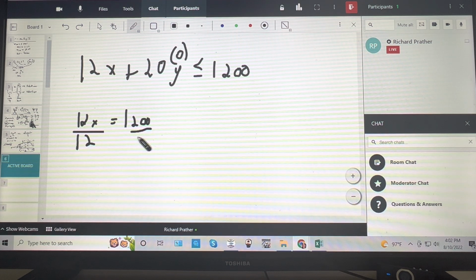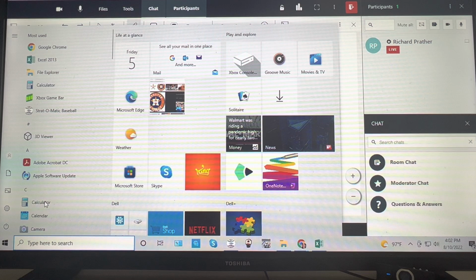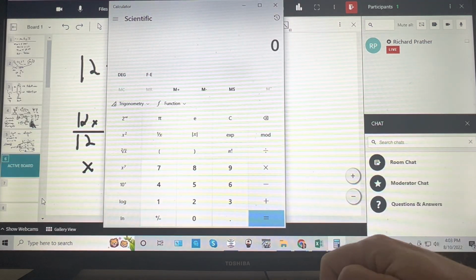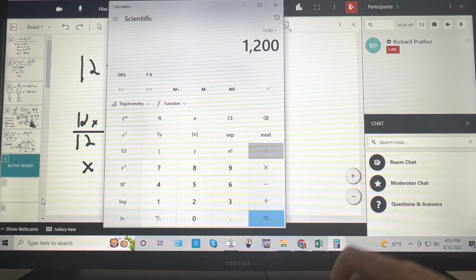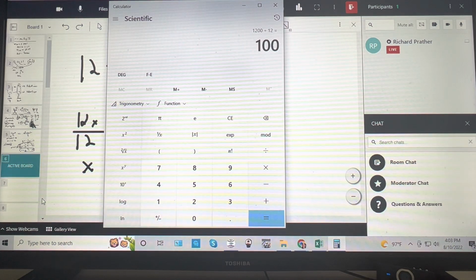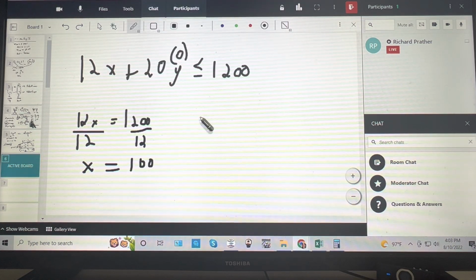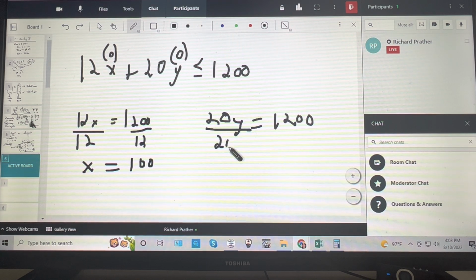Divide by 12. That's exactly 100. And if you didn't know that, 1200 divided by 12 is 100. And then when you put 0 in for x, this whole part disappears. So you're left with 20y equals 1200. Divide by 20.